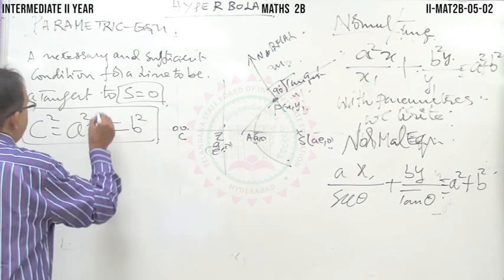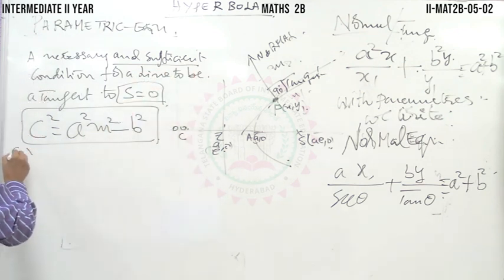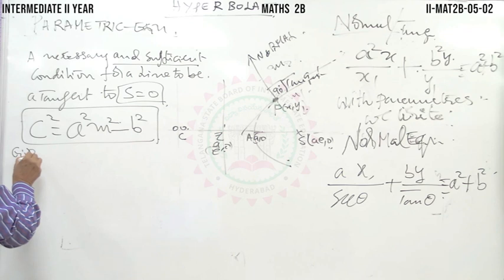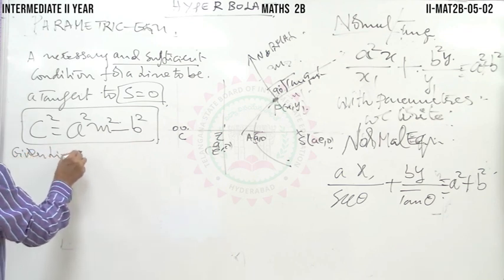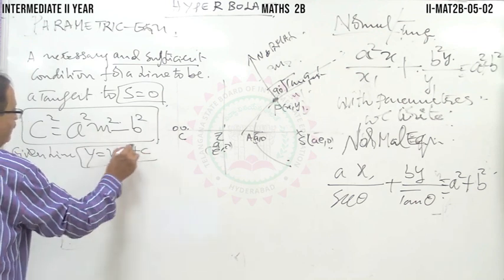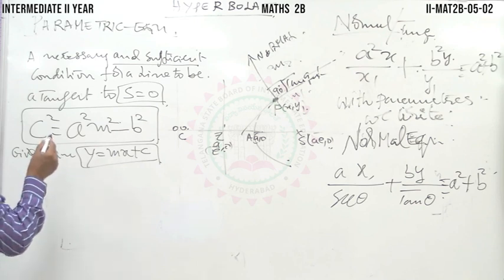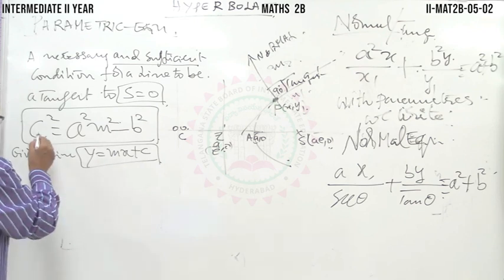What is the line? The given line is y is equal to mx plus c. If this line wants to be a tangent for the hyperbola, the necessary and sufficient condition is c square.